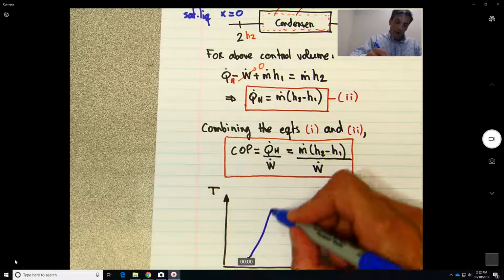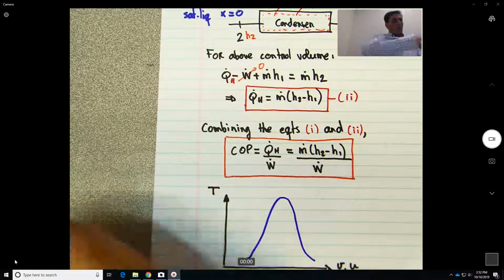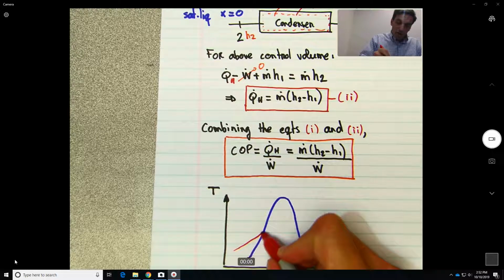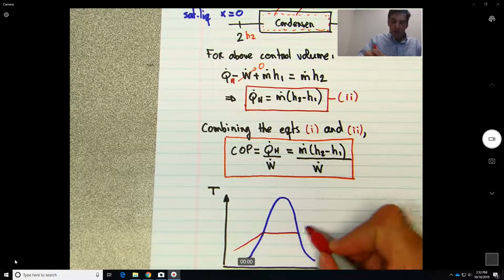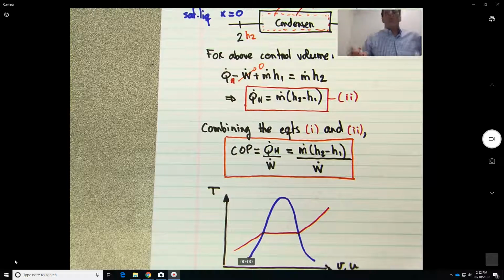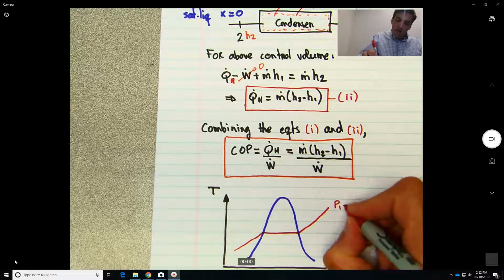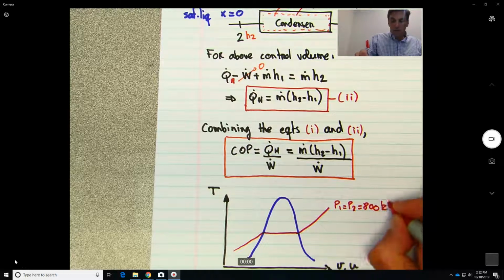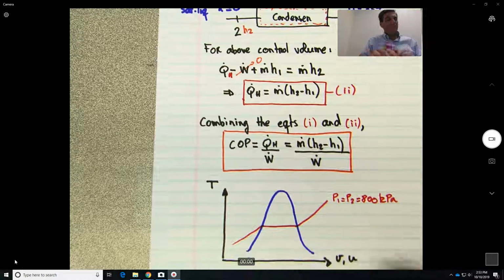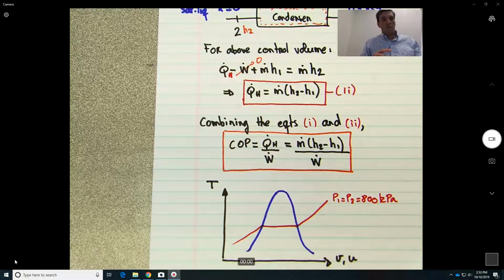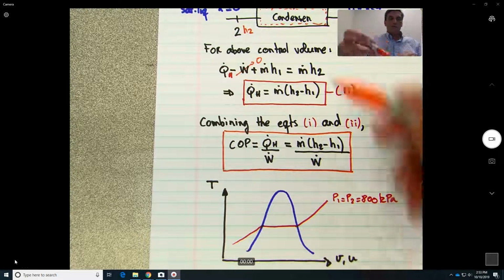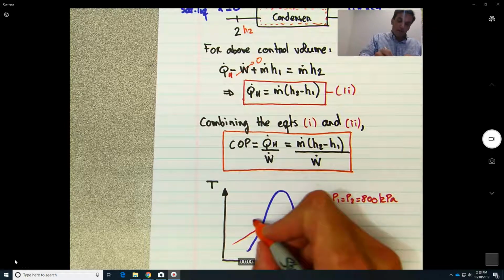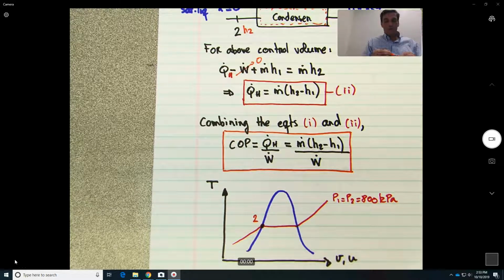So we are right here. We are going through a line of constant pressure. There we go. So we know P1 equals P2 equal to 800 kilopascals. So we actually know what is the state at 2. So state at 2 will be saturated liquid, so will be right here. This is 2 over here.